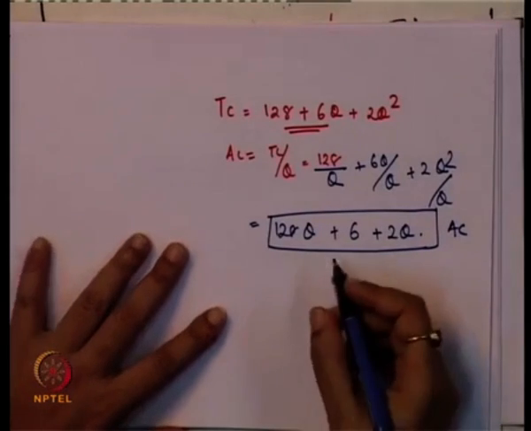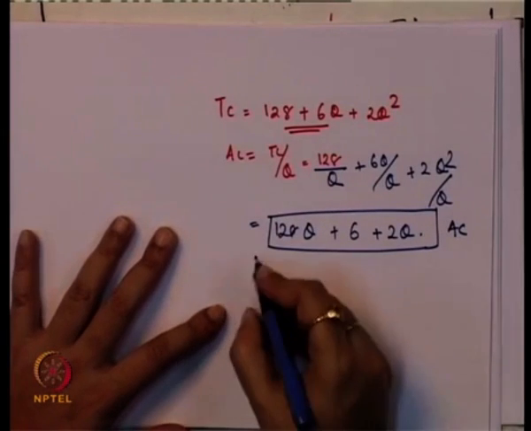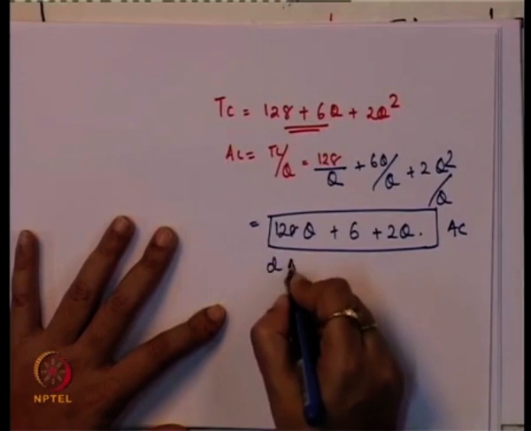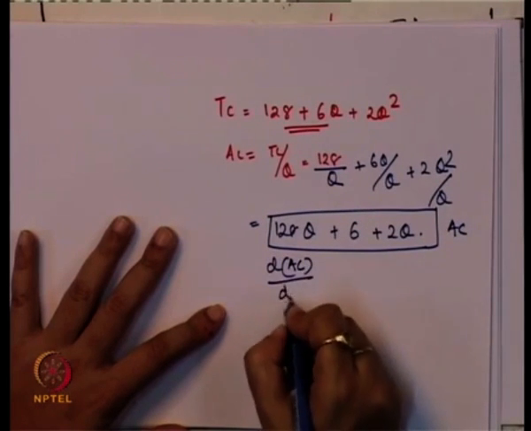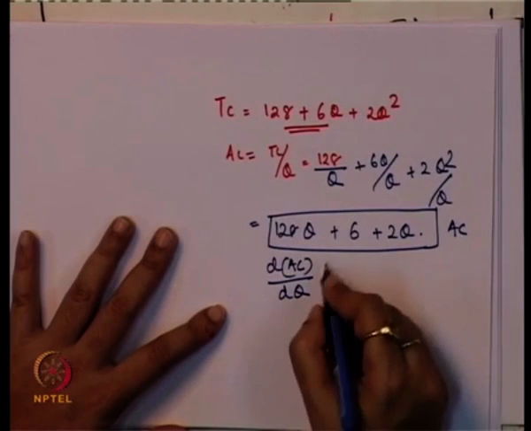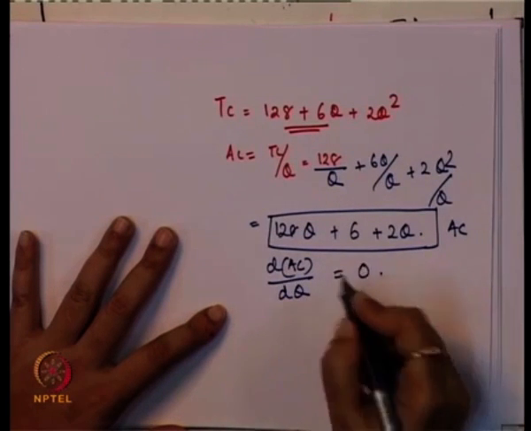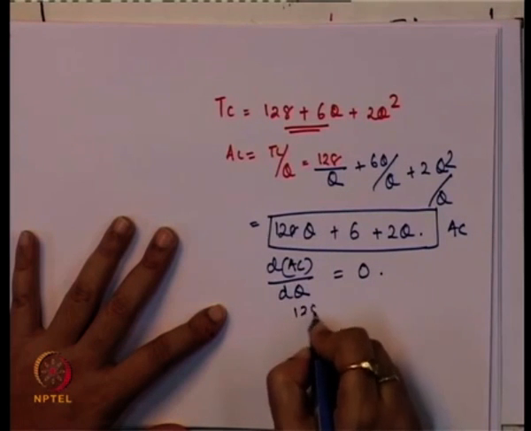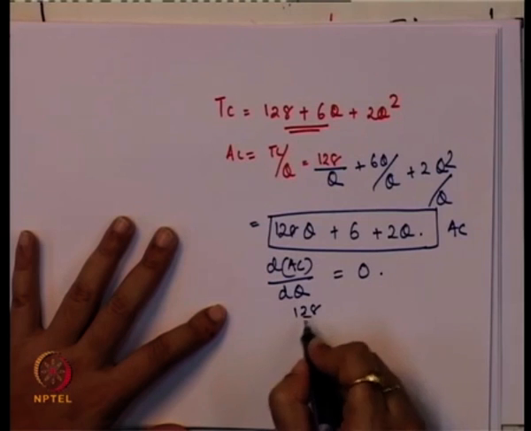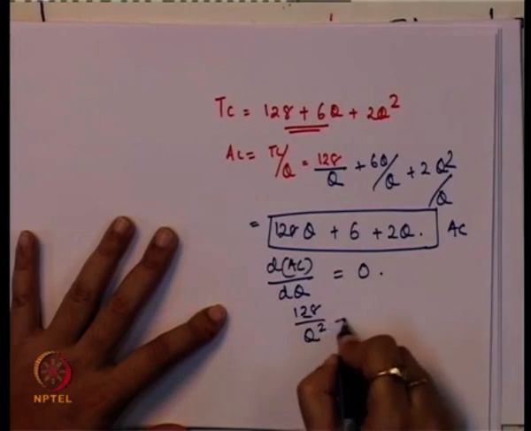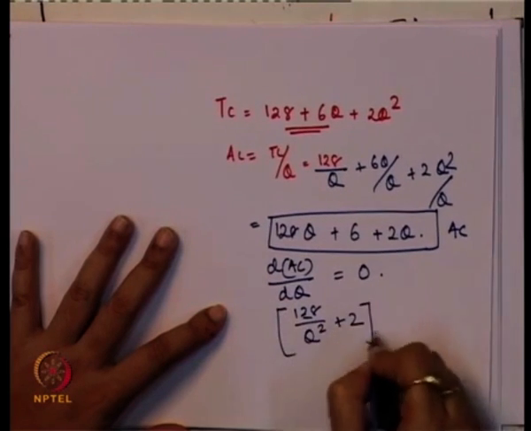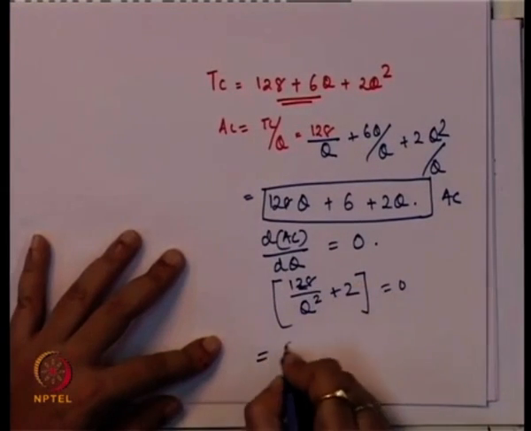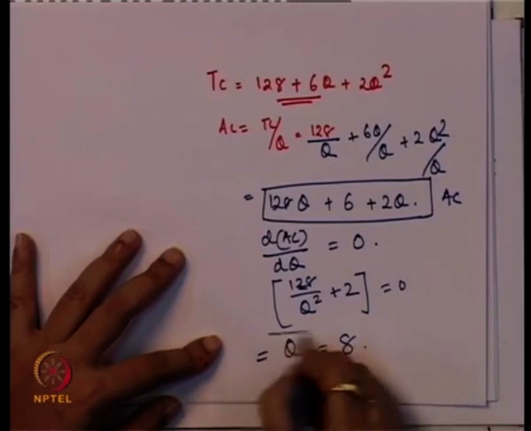Now to find out at which point average cost is minimum, we need to take the first order derivative of average cost with respect to q, and equate that to 0. Then this comes as minus 128 by q square plus 2, which is equal to 0, and if we simplify it, we get q is equal to 8.